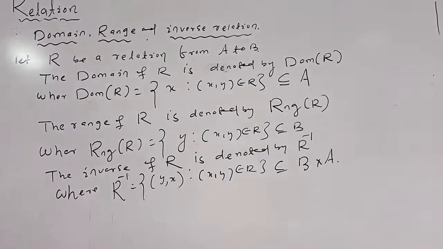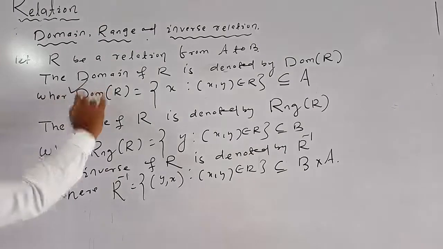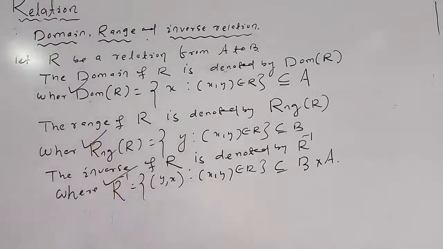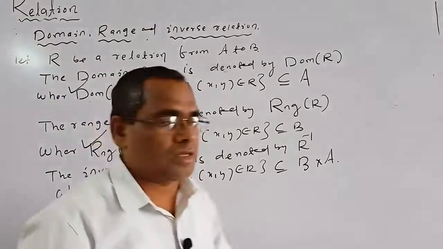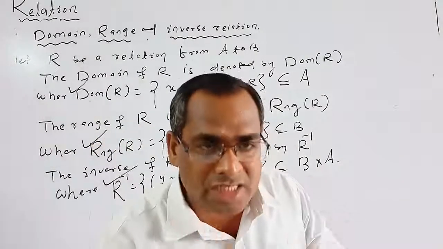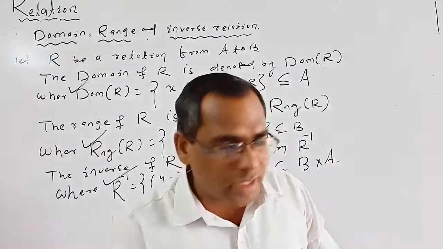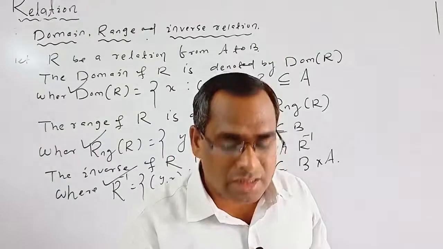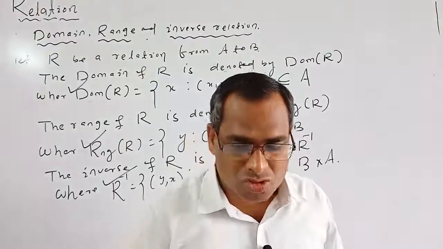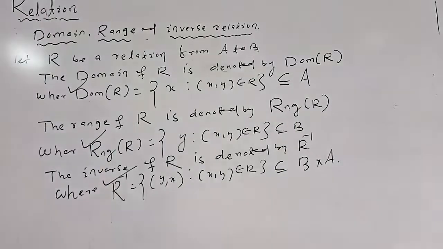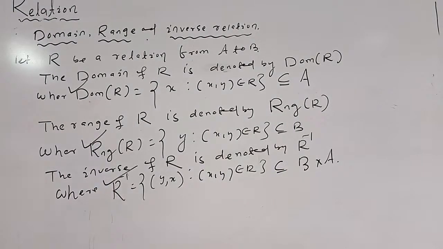Okay, so these are the domain, and this is a range, and this is known as an inverse relation. So in one relation, first you have to find the relation and what is the domain and what is the range and what is the inverse relation. So all are found in the given problems easily.